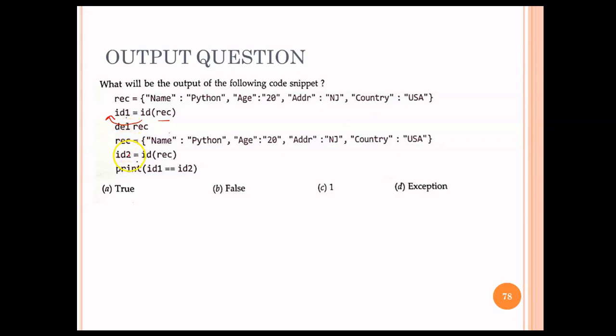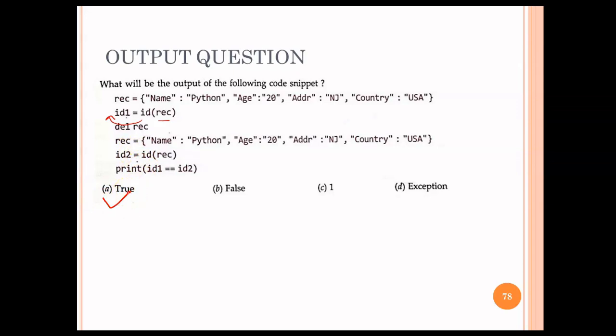Now rack is equal to, one more time we are declaring a dictionary with name, Python and all. Again we are storing its address into ID2. So they both are definitely identical now, because this one is saving the ID and that one also is saving the ID. So the answer is true for this one also.